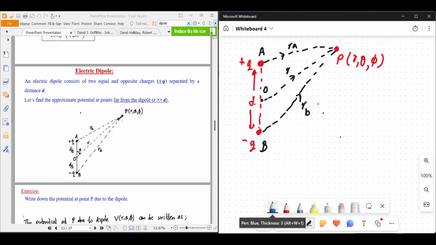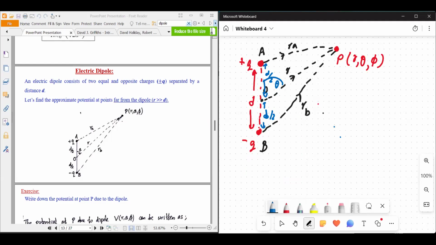If this distance is d, then we are considering the midpoint of the dipole. Therefore, this distance will be d over 2 from O to A, and here will also be d over 2. Let's say the angle between the vector R and this AB line is theta.